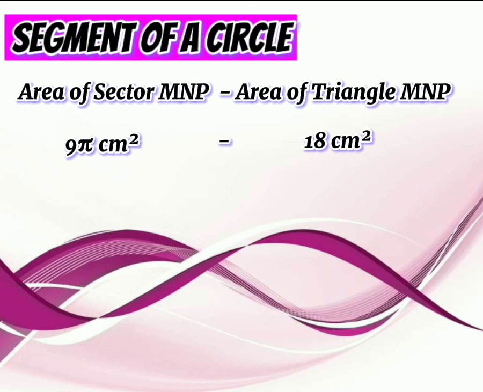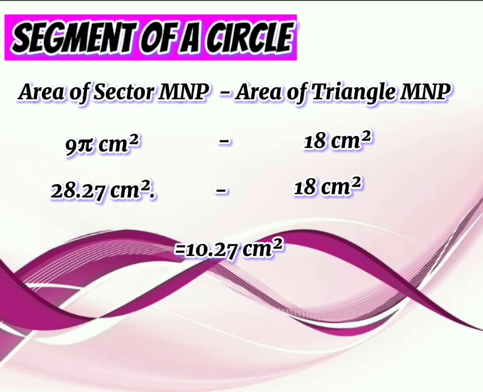Let's simplify first the 9 pi. 9 times pi is 28.27 centimeters squared, minus 18 centimeters squared is equal to 10.27 centimeters squared. So that is the area of the shaded segment.